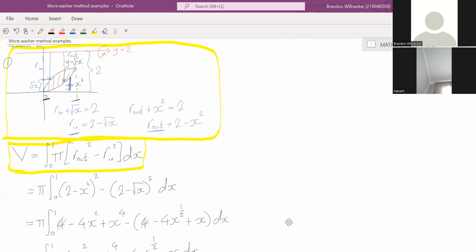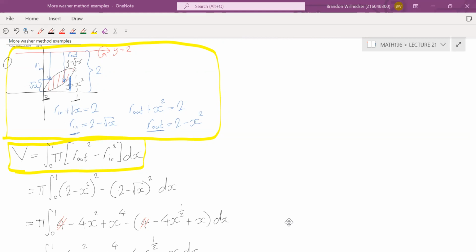Are there any questions about this example? Okay, so it's not too bad. Any questions? Okay, let's take a look at the next one.